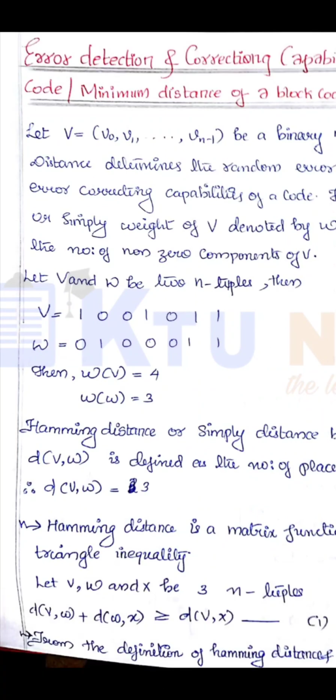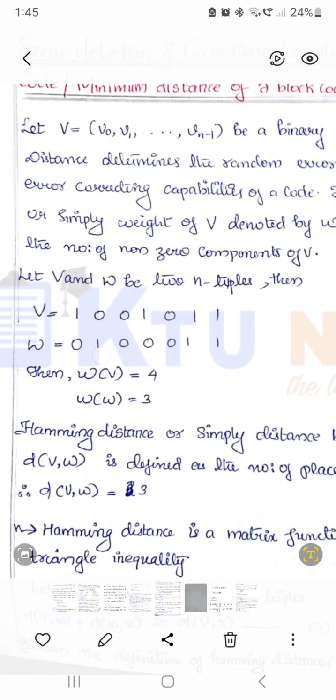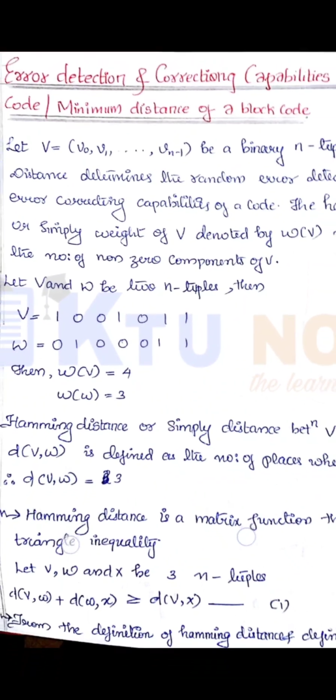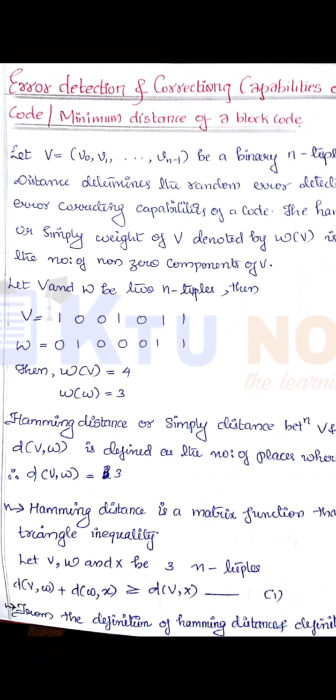So there are 4 non-zero elements in code word V, and W of V is equal to 4. Now look at W. There are 1, 2, 3 non-zero elements in W, so the Hamming weight of W is equal to 3. So this is all about Hamming weight.